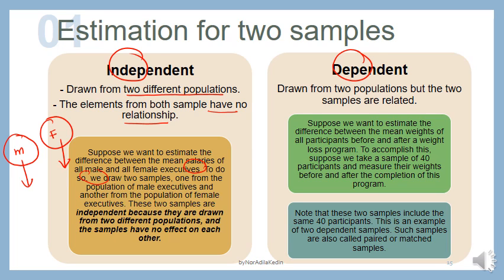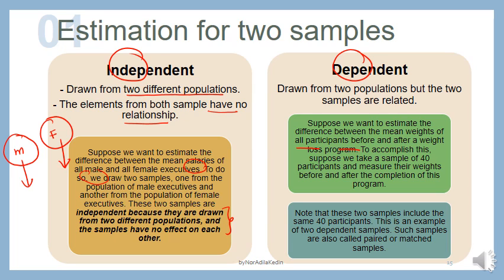So these two sample are independent because they are drawn from two different populations and the sample have no effect on each other. So berbeza dengan dependent sample, the sample is drawn from two population but the two samples are related. Okay, for example, suppose we want to estimate the difference between the mean weight of all participants before and after a weight loss program.